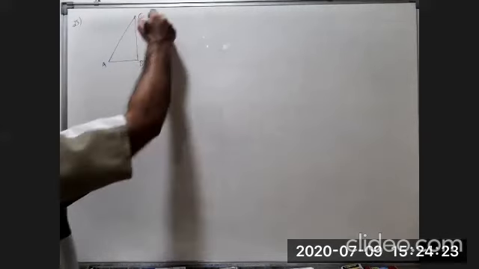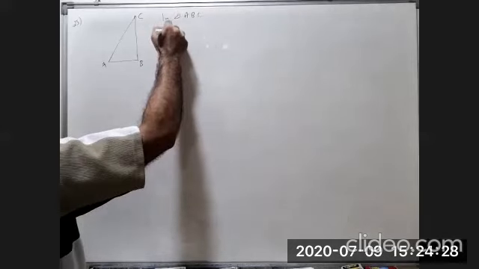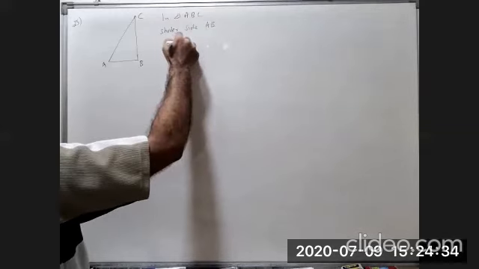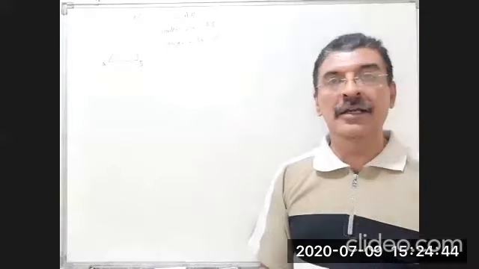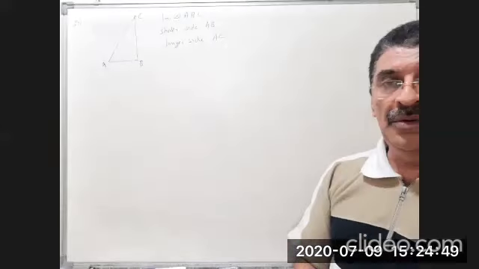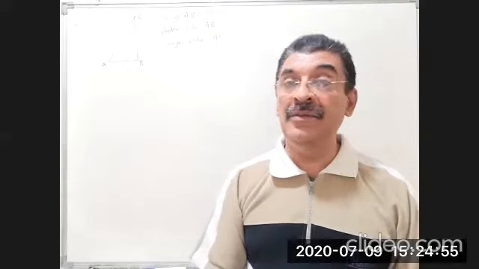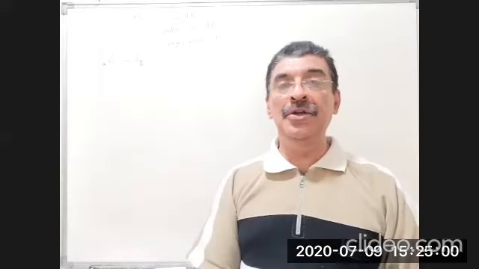So in triangle ABC, we have taken the shorter side AB and the longer side is definitely AC. So draw a triangle with the shorter side and longer side identified. Now the relation: the longer side is 3 times the shorter side. How do we denote it with x?